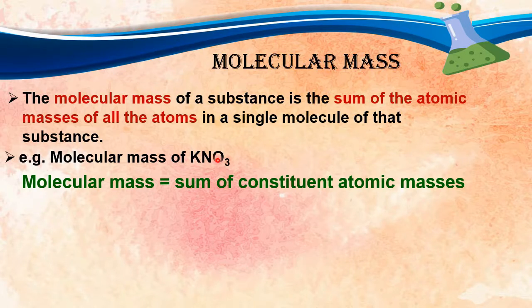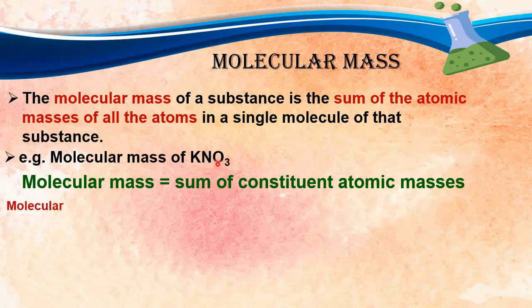Therefore, to calculate the molecular mass of KNO3, we have to take the sum of atomic mass of 1 potassium atom, 1 nitrogen atom and 3 oxygen atoms.